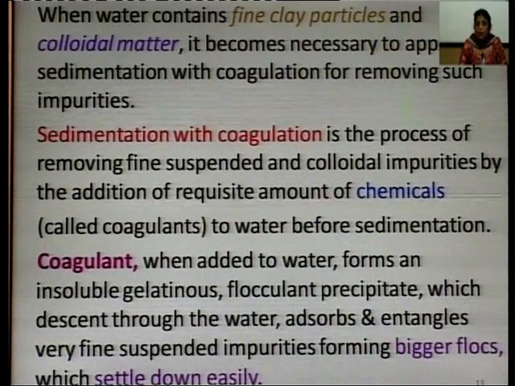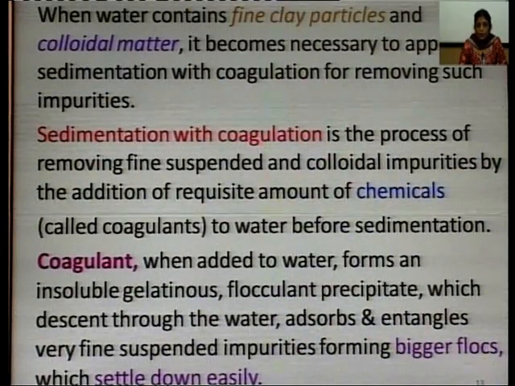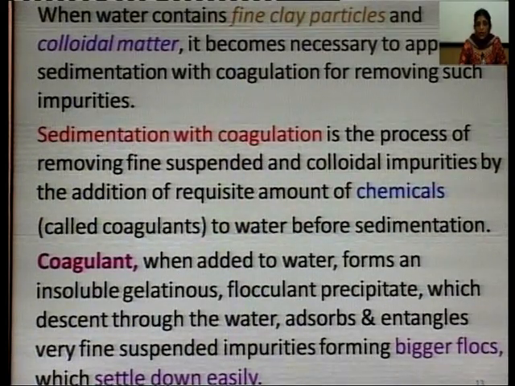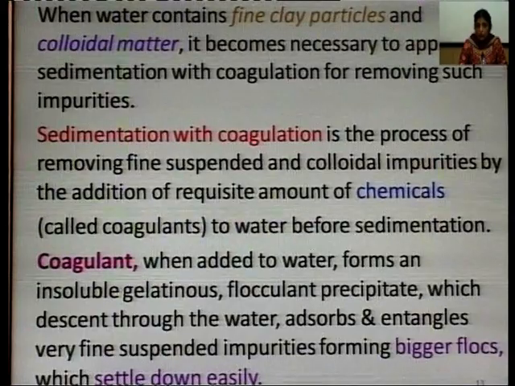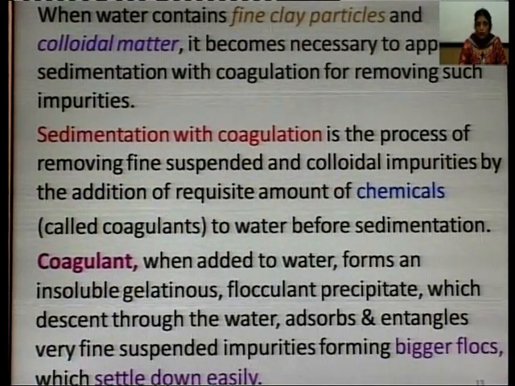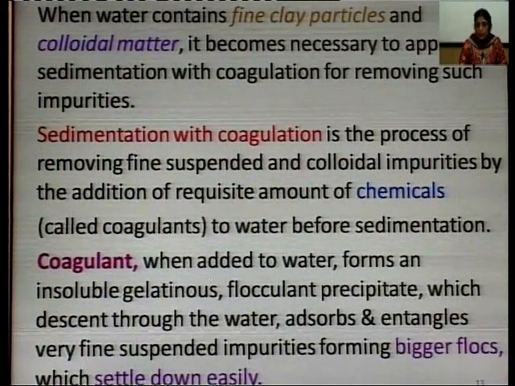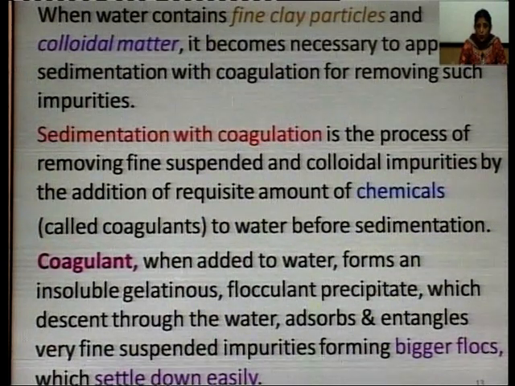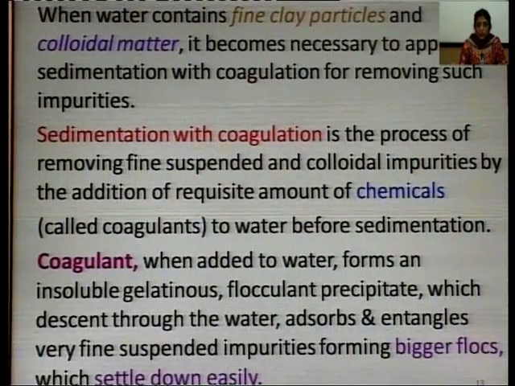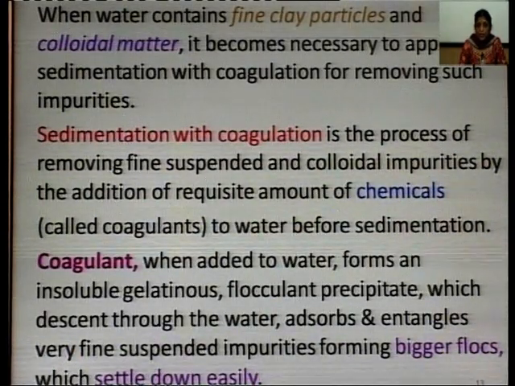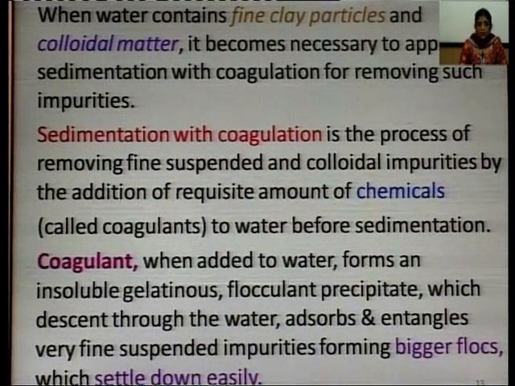It is the process of removing fine suspended and colloidal impurities by the addition of a requisite amount of chemicals. These chemicals are called coagulants, added to water before sedimentation. So, in coagulation we add certain chemicals.